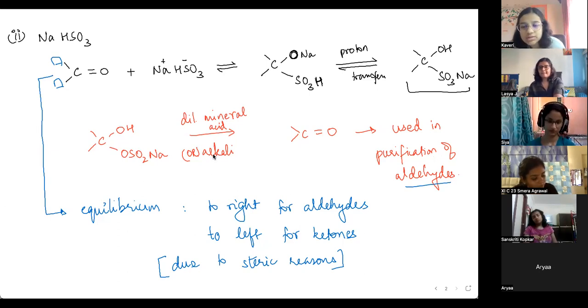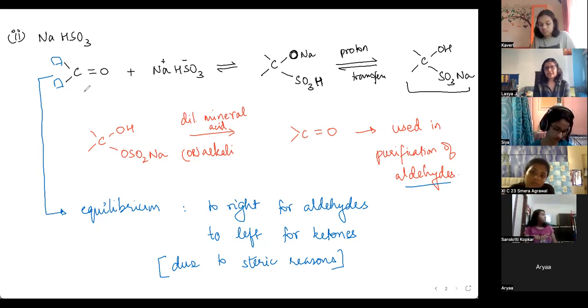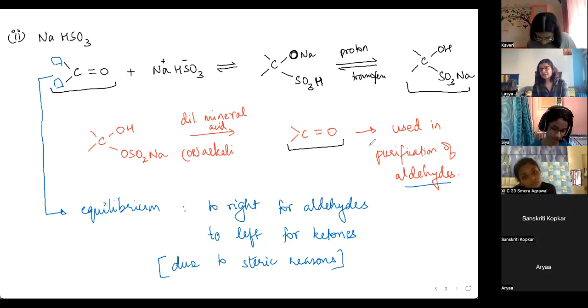I didn't understand how this is for purification. Because you're getting your original one back. So this particular reaction can be undergone. If you have other ketones or other groups mixed in it, they are not going to undergo the same reaction.